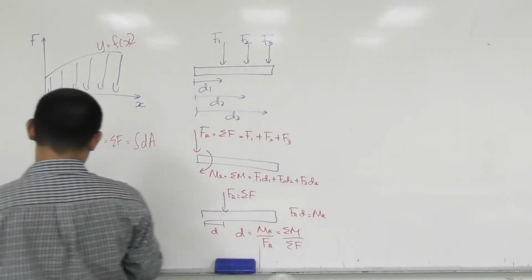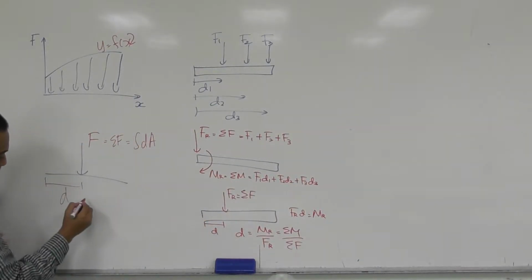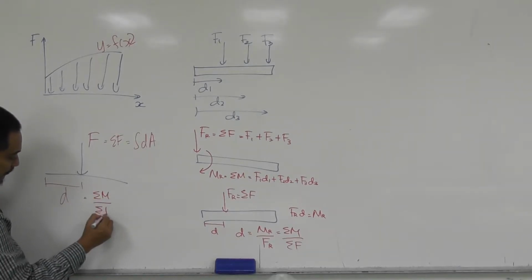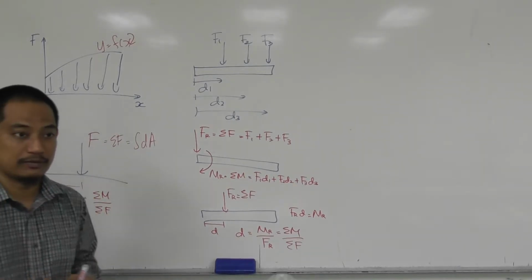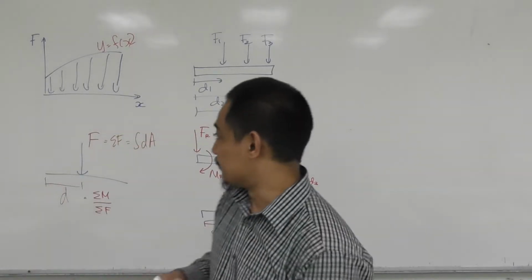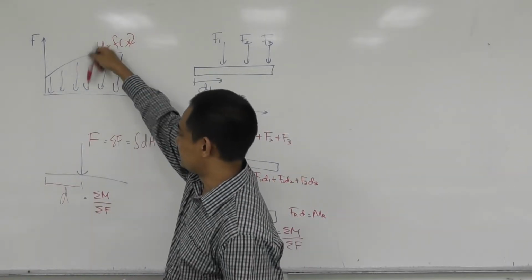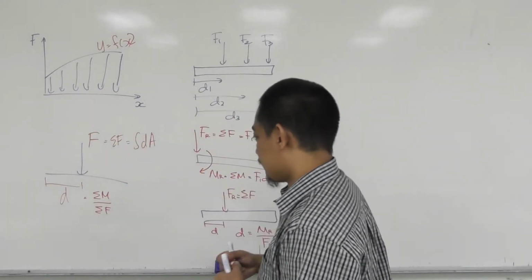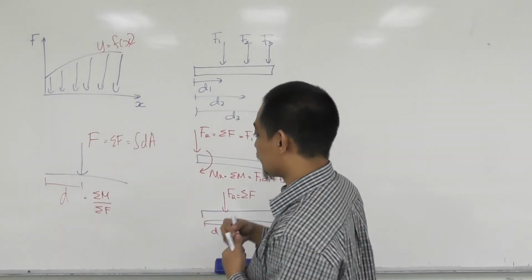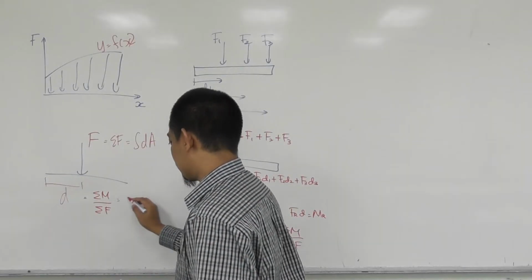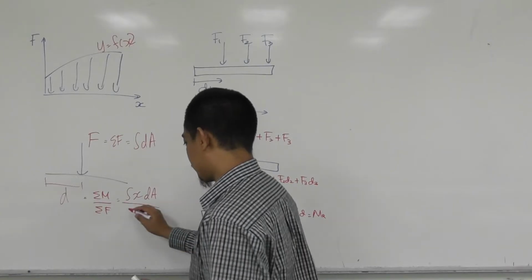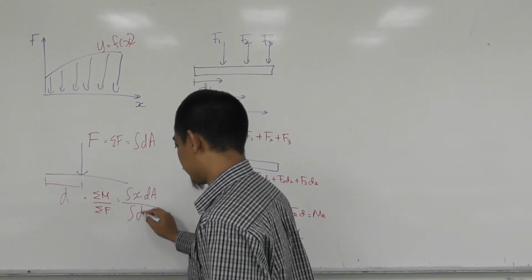What about this D? This D, if you understand that one, is just the summation of moment divided by the summation of force, right? And individually, if you consider this force here, for each force there's a position x, right? So the summation of moment is simply the integration of x dA, and the summation of F is the integration of dA.